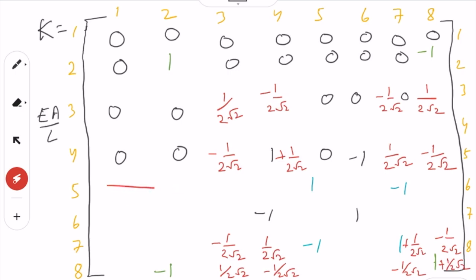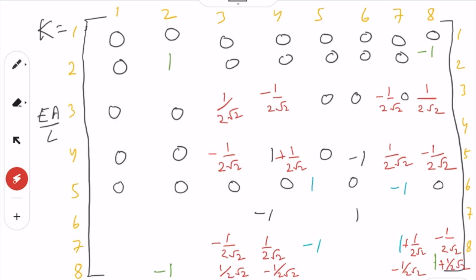So all empty here like this one, and 5. So 1, 2, 3, 4. So 1, 2, 3, 4, and then 1, 2, 3, 4. So we have 0 here and 0 here. So 0 here and 0 here.